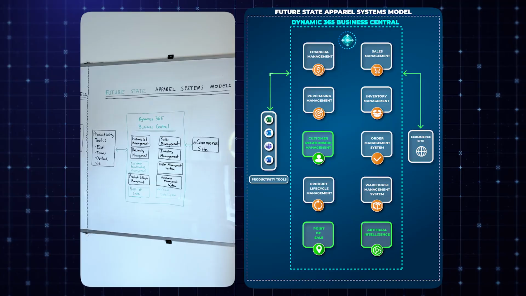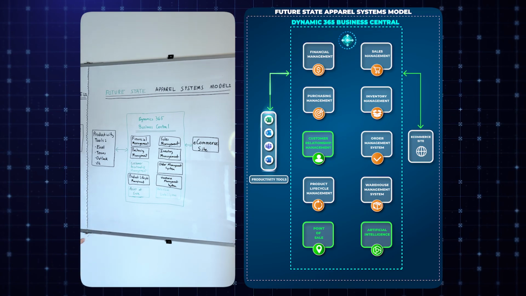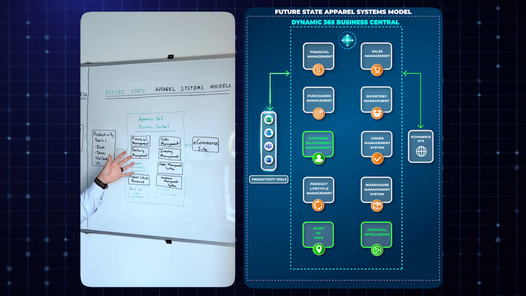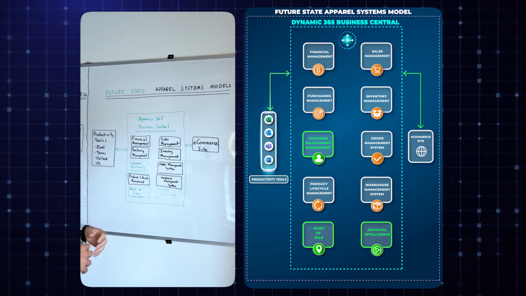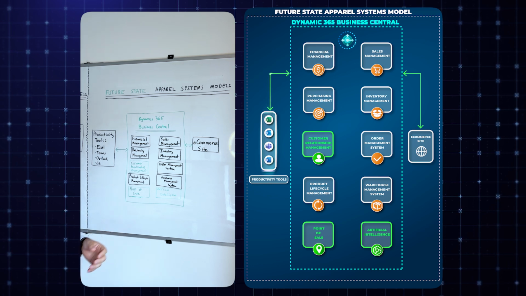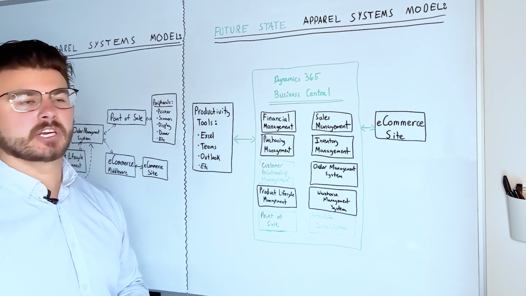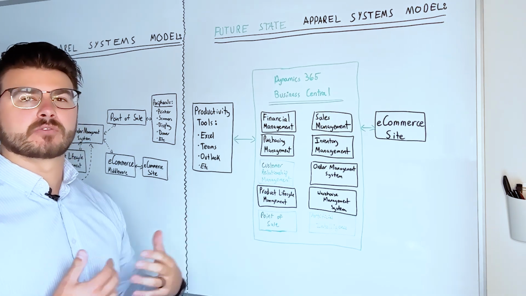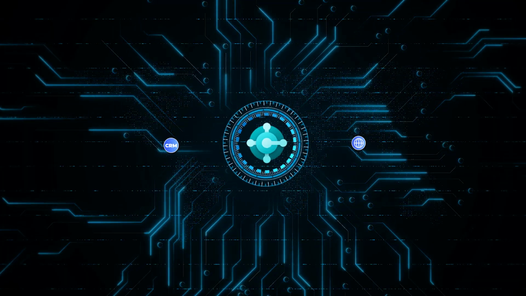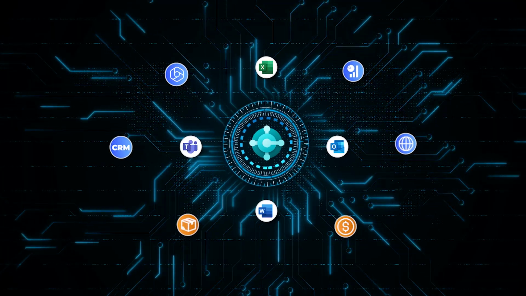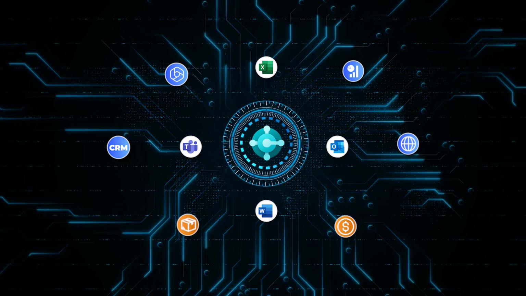And then on our productivity tools, so Excel, Word, Teams, Outlook, all of those, because it's a Microsoft product, there's now the ability to have this integrated automatically as well. So managing data inside of Excel and it's automatically being reflected inside of Business Central. So no more of this manual pulling and pushing and having this manual feel to your system. You have a holistic center of all of your data, or a single source of truth, as we like to call it in the industry, for all of your business data.